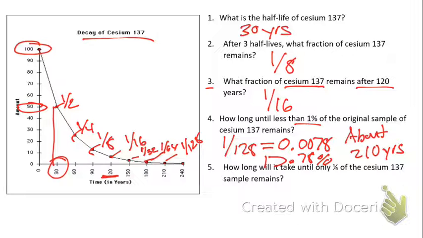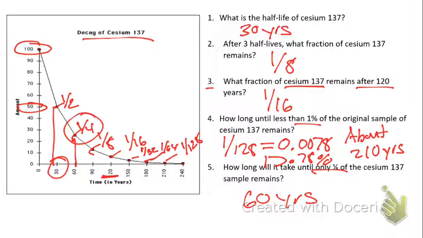All right. The last question is, how long will it take until 1/4 of the cesium-137 remains? So 1/4 should be roughly 60 years. All right. So there's how you deal with half-lives for a chemical reaction.